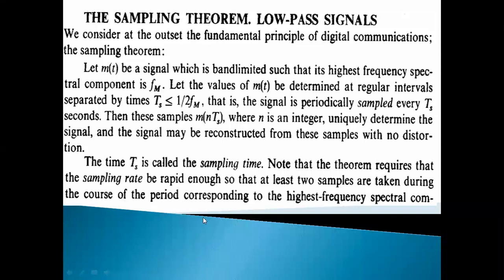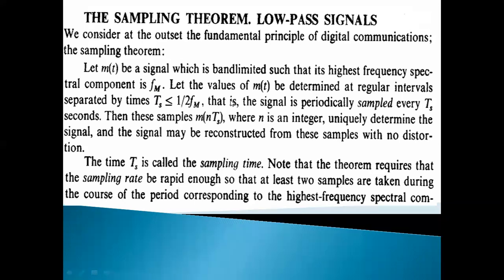This is the fundamental principle of digital communication: the sampling theorem. Let M of t be the modulating signal or the baseband signal, which is a band limited signal, with maximum frequency fM.